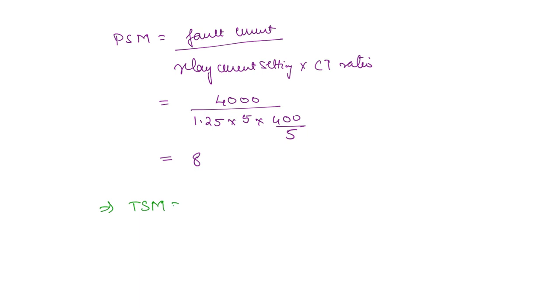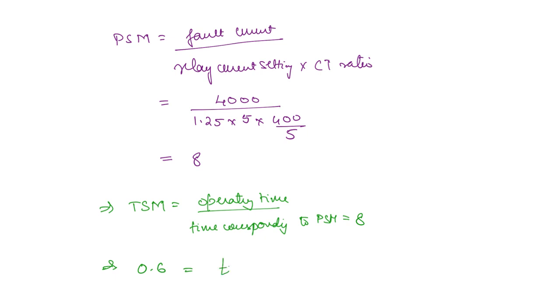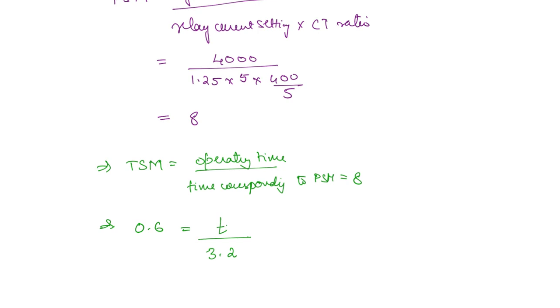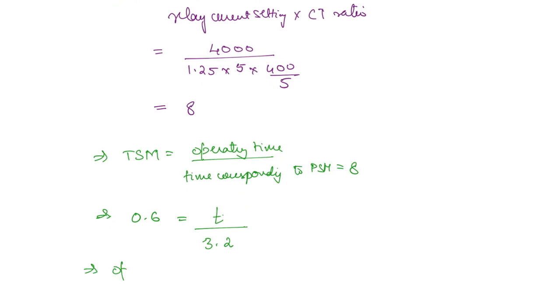TSM is equal to operating time divided by time corresponding to PSM equal to 8. TSM is given as 0.6, which is equal to the required operating time divided by 3.2. So from here you are going to get the operating time equal to 3.2 into 0.6, which is 1.92 seconds.